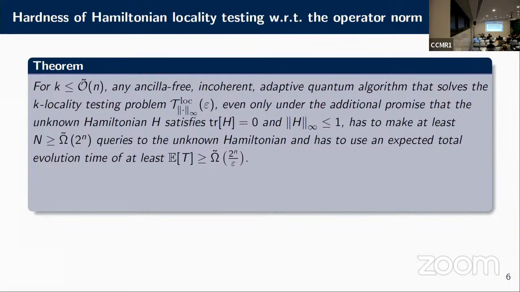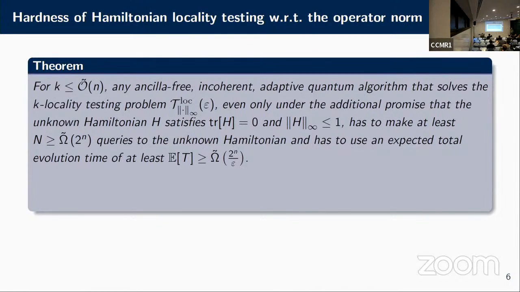So you cannot actually do this with an incoherent, maybe adaptive algorithm that is ancilla-free. Solving this problem in the infinity norm, the norm that we approximate in, is not really feasible.